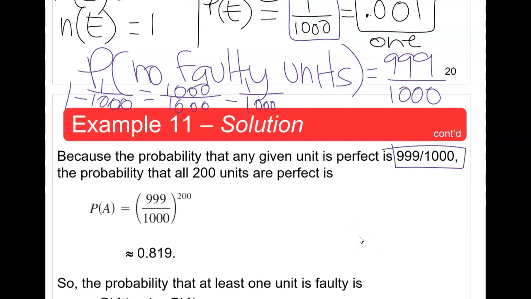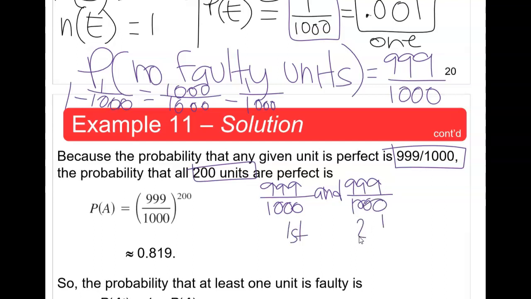But since we want this with 200 units, it makes sense that we multiply that 999 over 1,000 for all of them, like the first unit, the second unit, all the way to the last unit, which will be the 200th unit.